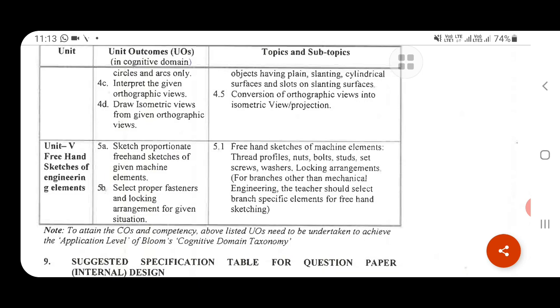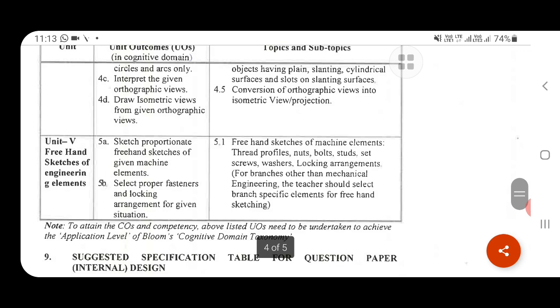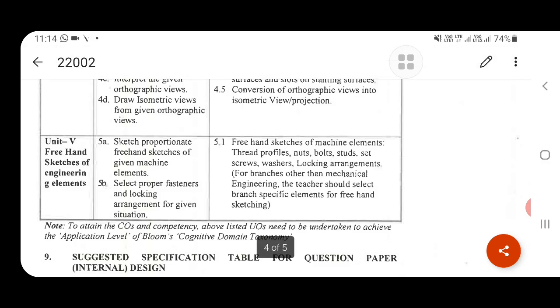Freehand sketches means simply drawing the figures freehand with the help of a pencil and scale. With the help of this you can achieve your goal. So write down this.